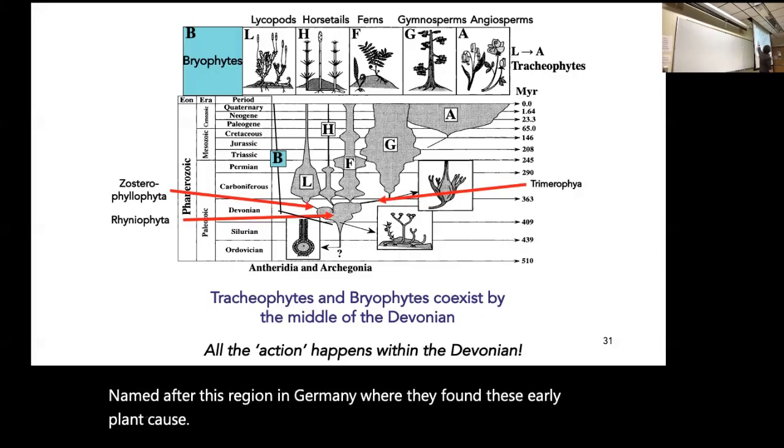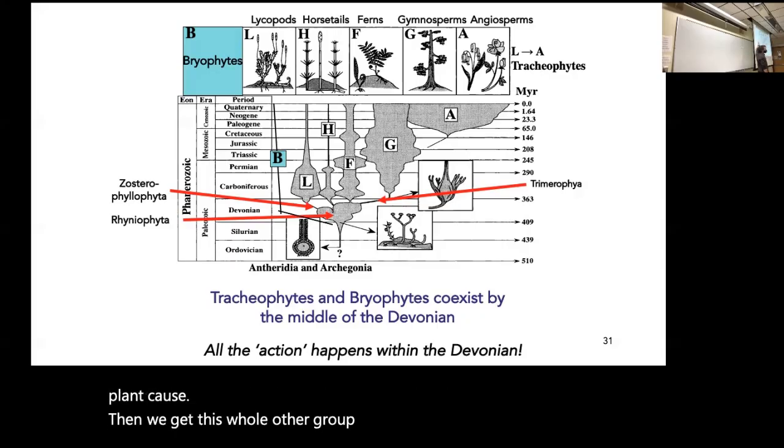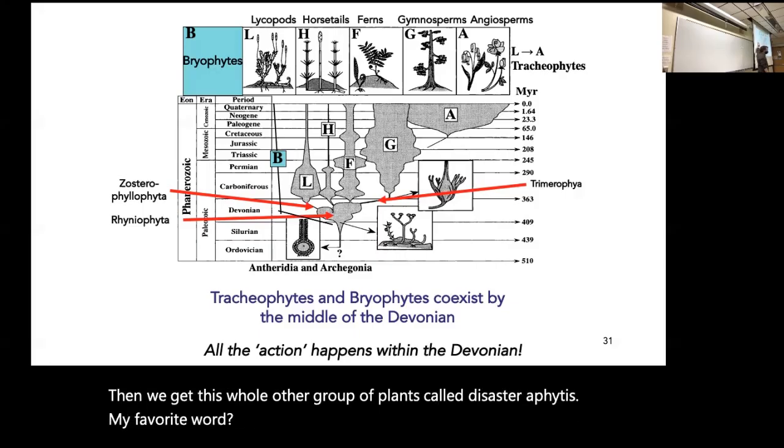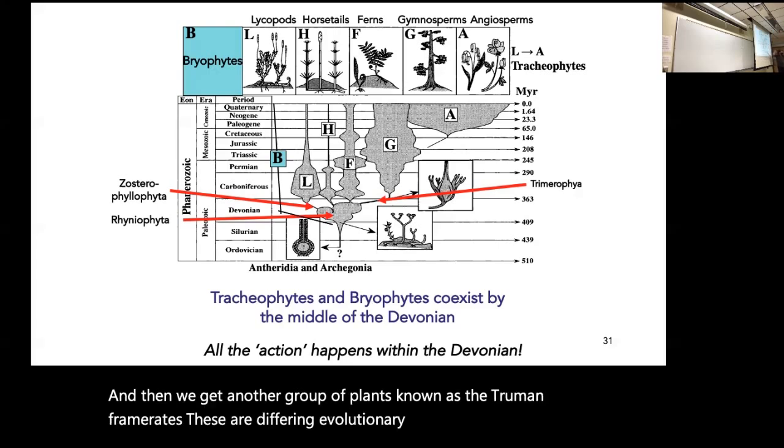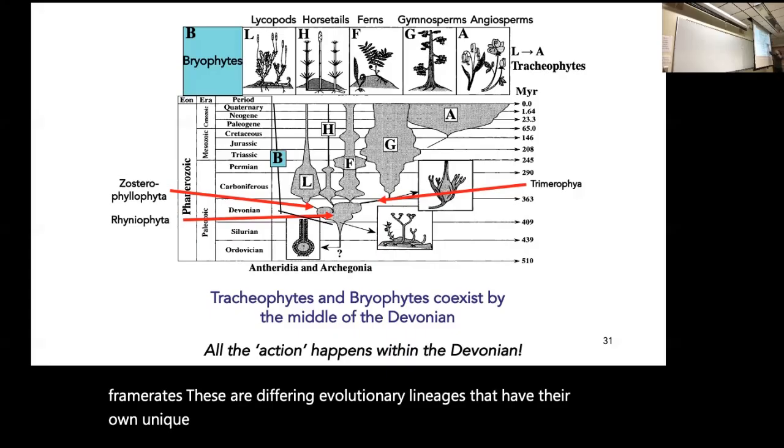But then we get this whole other group of plants called the Zosterophyllophytes. My favorite word. Zosterophyllophytes. And then we get another group of plants known as the Trimerophytes. These are differing evolutionary lineages that have their own unique evolutionary history, but ultimately trace back to the rhyniophytes, early land plants.